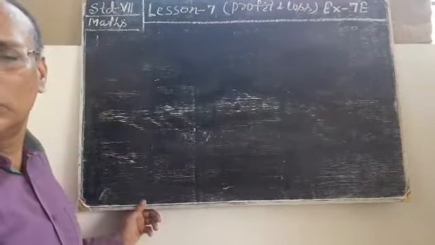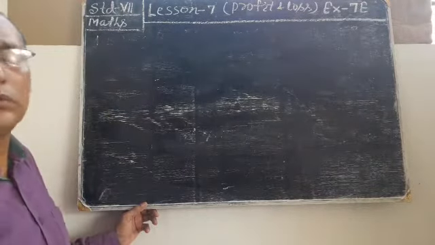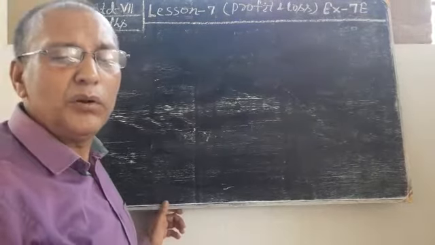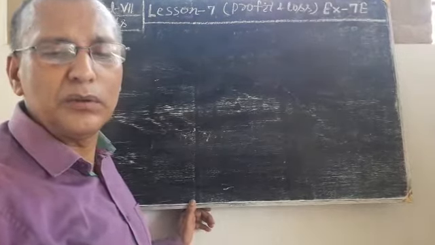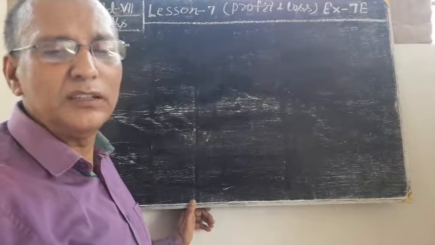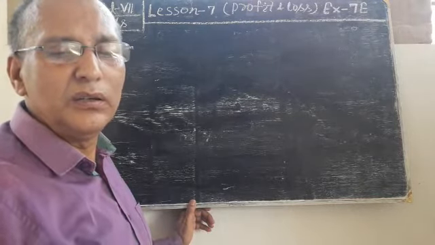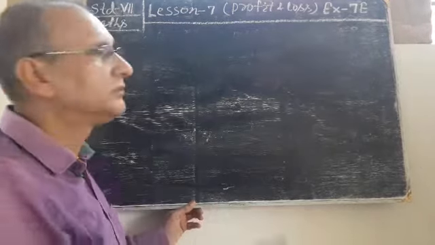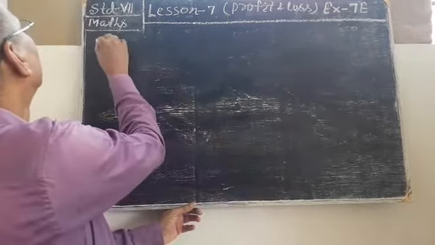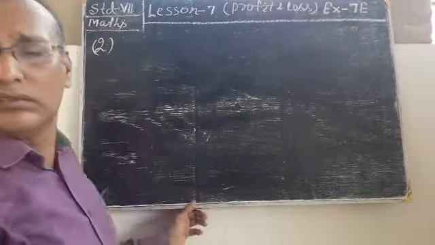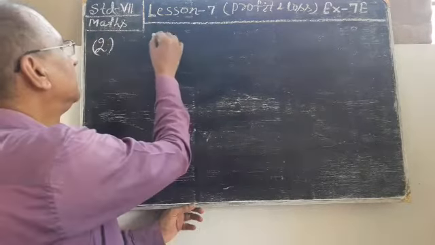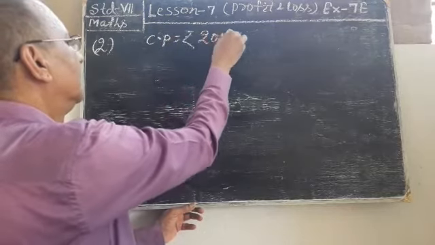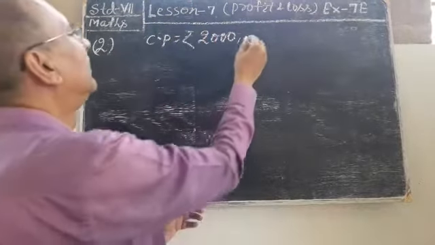Question number 2 is: Kanchan bought a 2-in-1 set for rupees 2000 and sold it for rupees 1950. Find the loss or gain percent. CP is equal to rupees 2000.